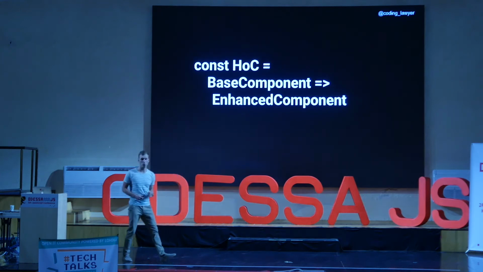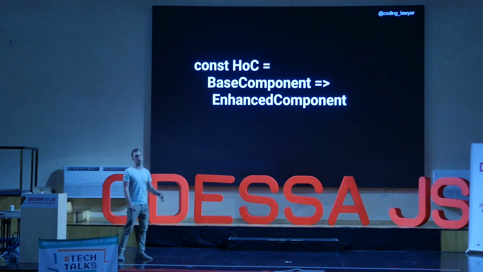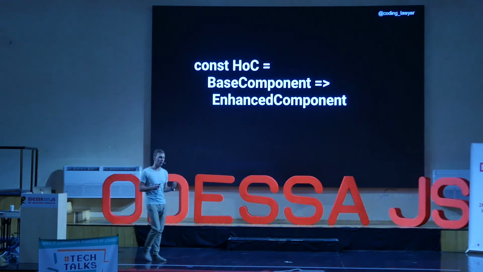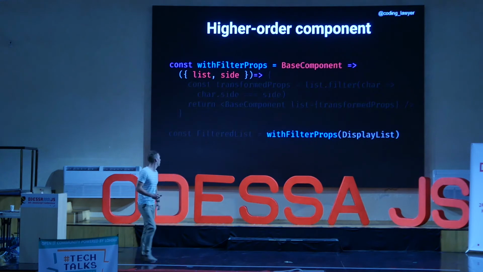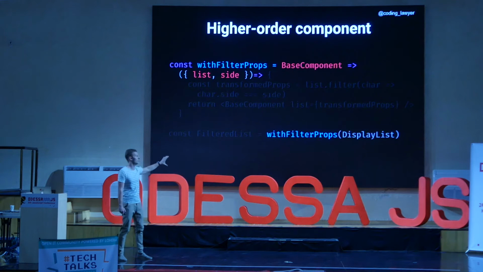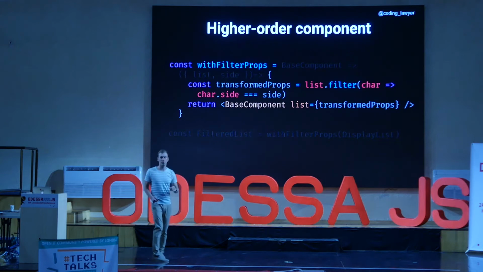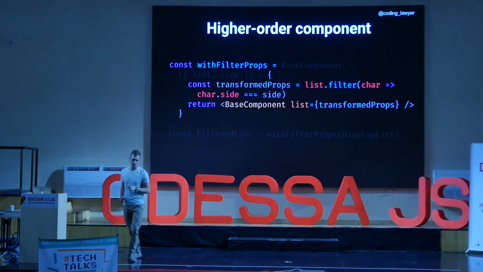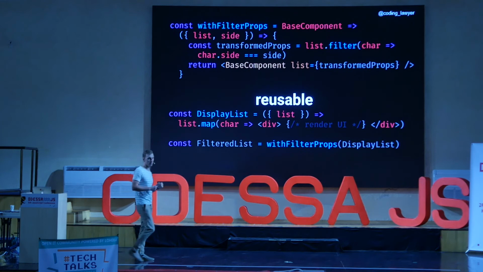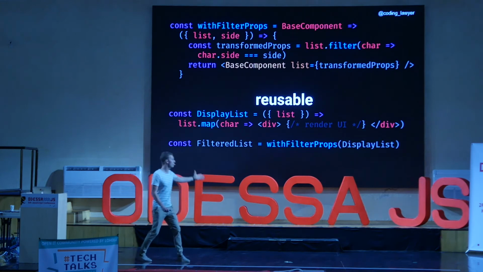And this resulting component is enhanced by some additional logic. This is the enhanced component. And if we take a look at our example, what we did here is that we pass display list to withFilterProps, and we get back a new component that renders the display list component and is enhanced by the filtering logic.